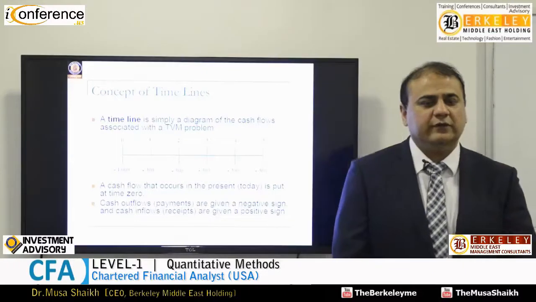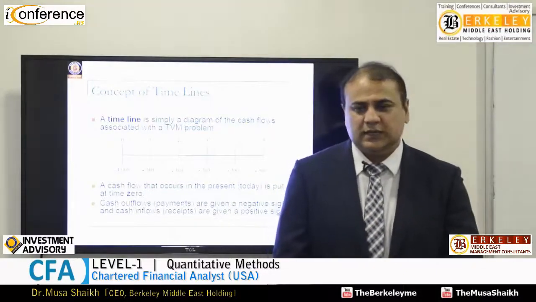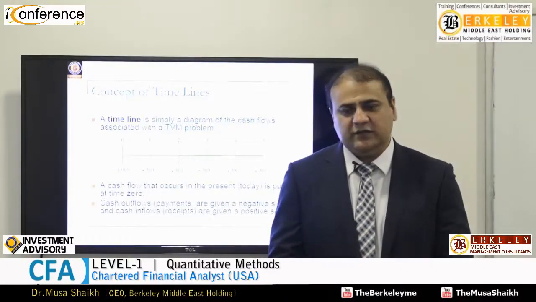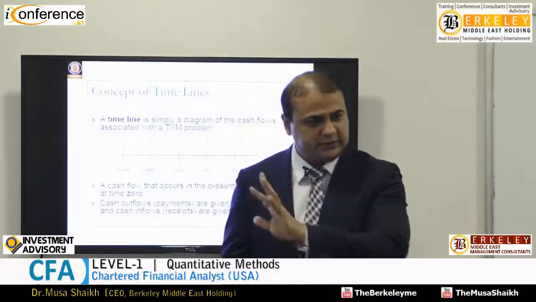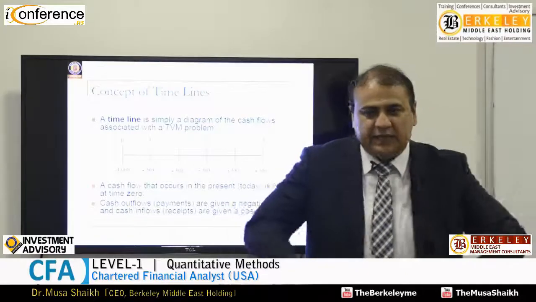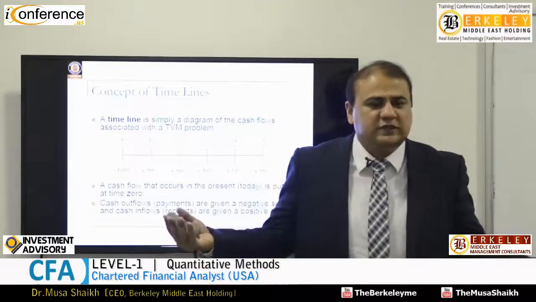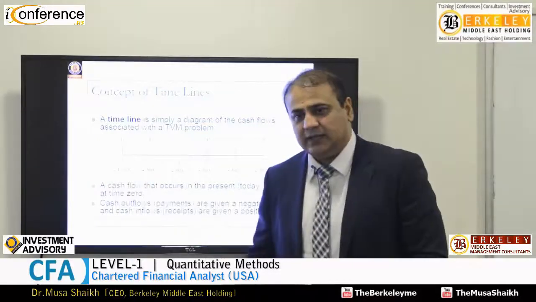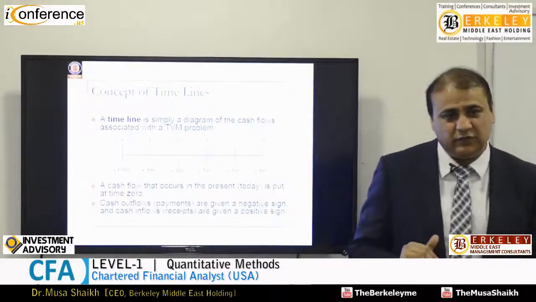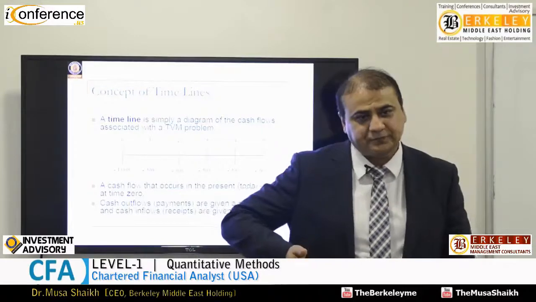Suppose today we will invest 1,000 every year for next 5 years. I will get 200, 200, 200 and 200. So same thing, if I make it in a line, that will make more sense to me to understand, right? If you see minus sign with any kind of cash flow means this is outflow.